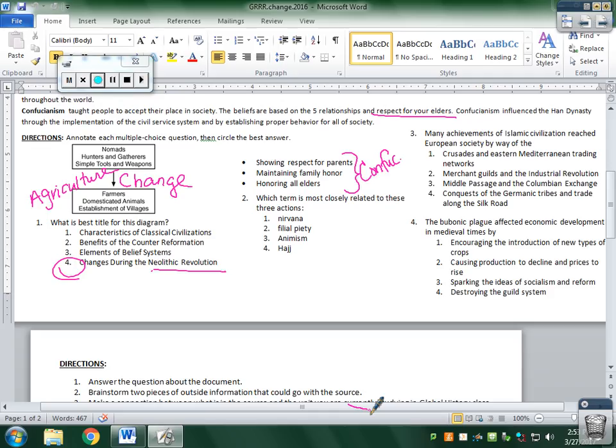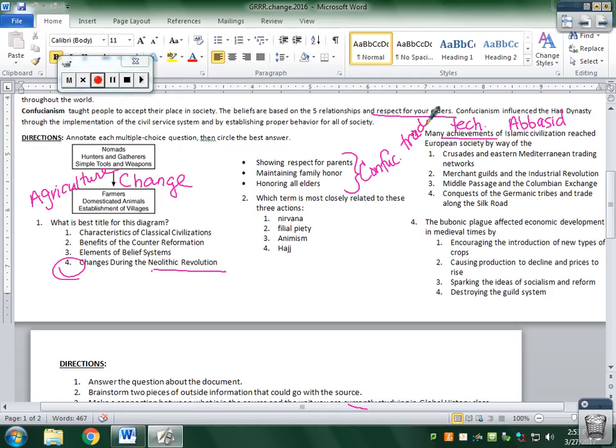All right, number 3, many achievements of Islamic civilization reached European society by way of the. So what we're looking for are achievements, so new technology and ideas of Islamic civilization. So we're talking about like the Abbasid Golden Age under the Muslims, and they went to Europe, so we're talking about trade.